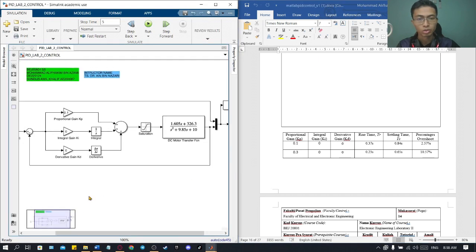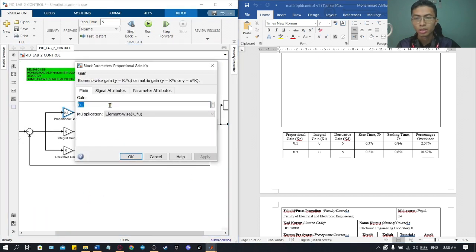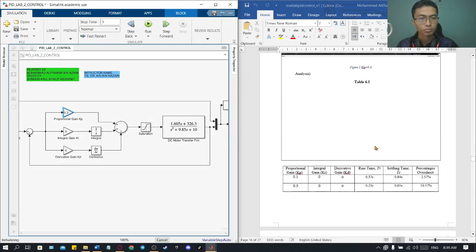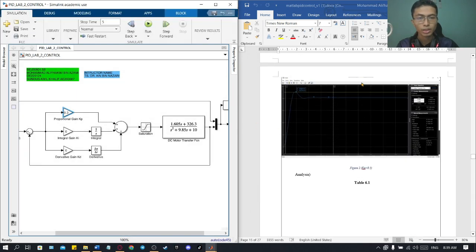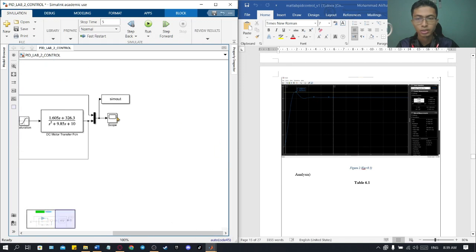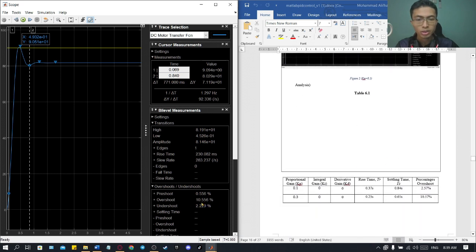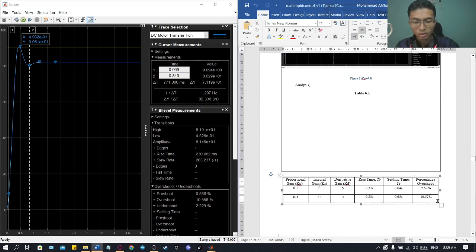How about 0.3? So we just replace it with 0.3 and we run it again. If we run it again, we will get the second figure, which I sent over here. Yeah, there it is, where the overshoot is 10.557%, so we round it to 10.56 to make it better because it's over 5.